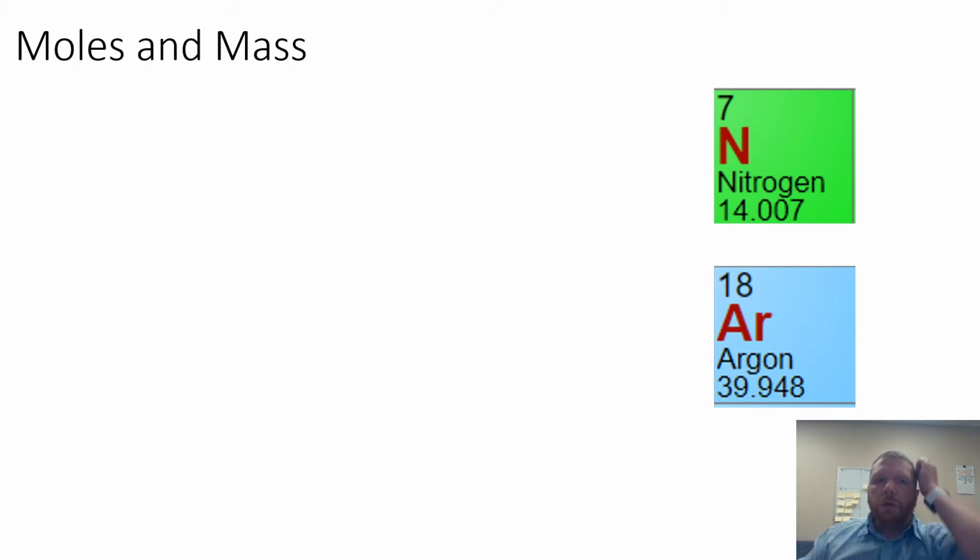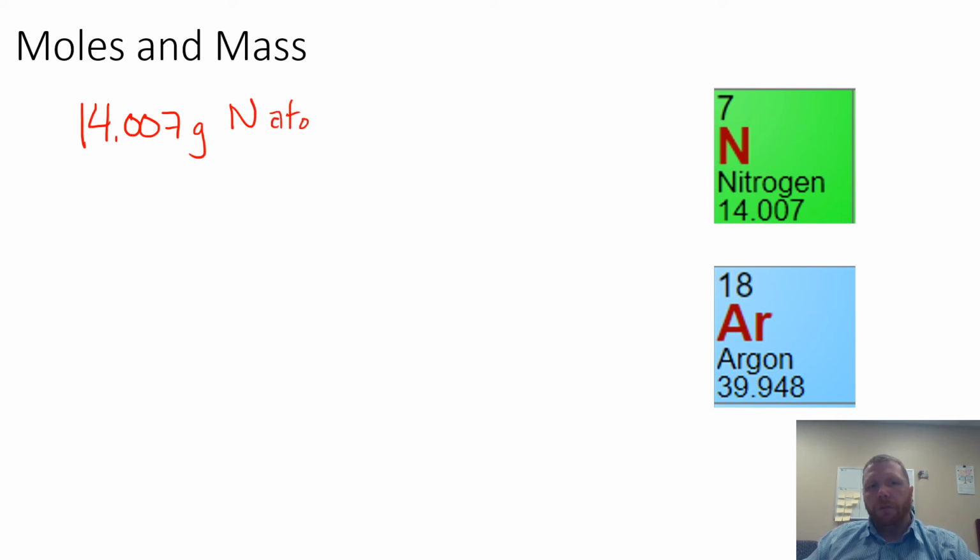Okay, so here we're looking at two different atoms, nitrogen and argon. Now, if you have 14.007 grams of nitrogen atoms, you have 1 mole of nitrogen atoms.